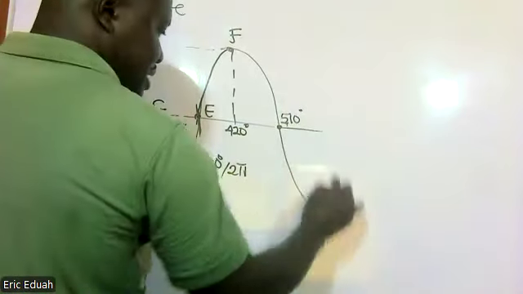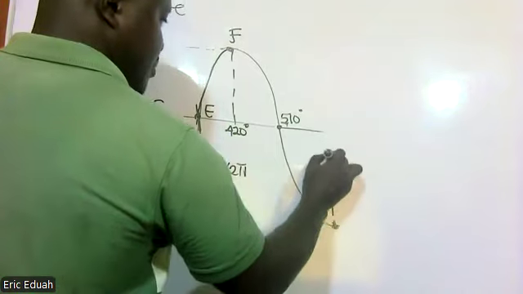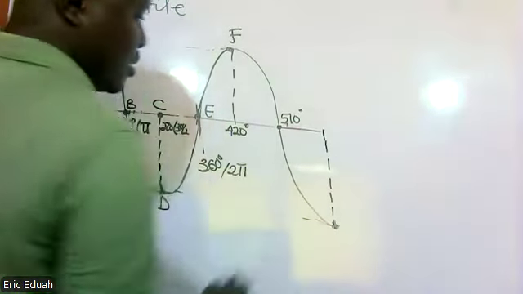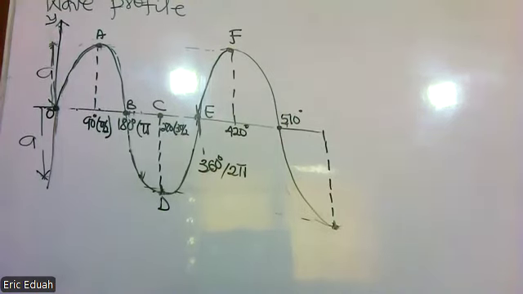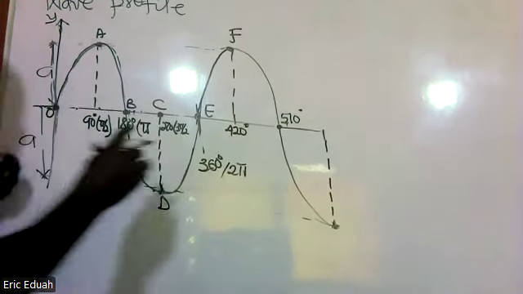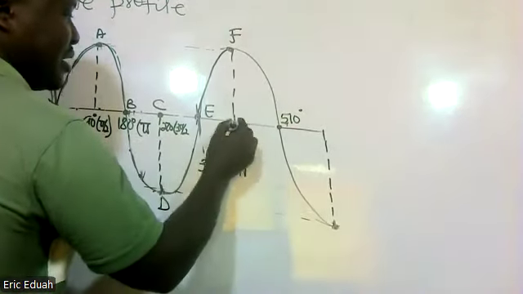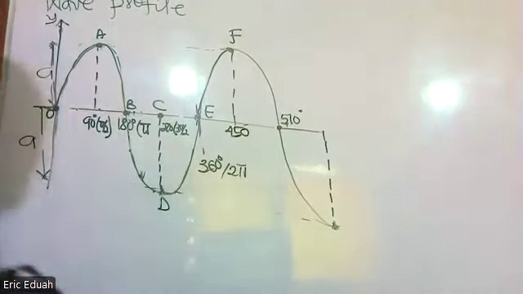Let me draw a last point. Please, 360 plus 90, is it 420? Add it for me. I'm waiting for you. That is 450 rather. Give me the radian equivalent.